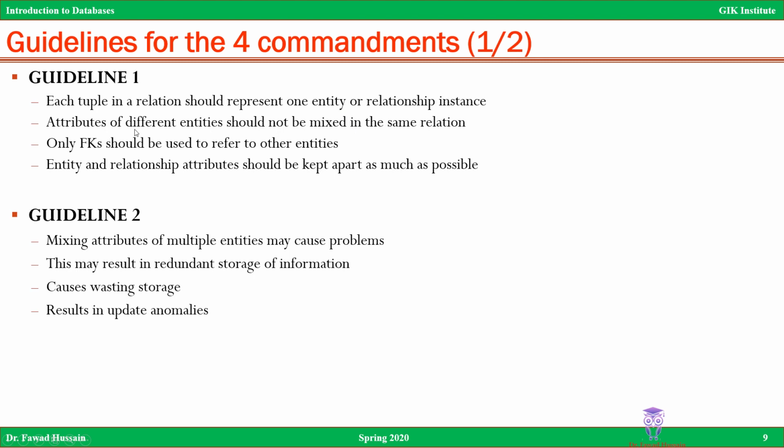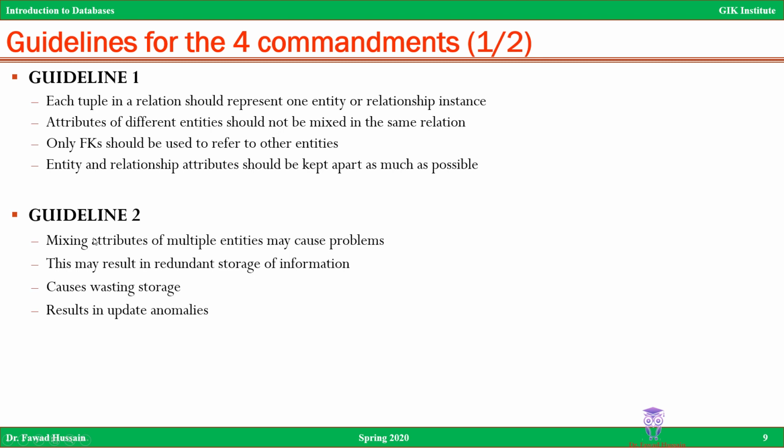Attributes of different entities should not be mixed in the same relation. Only foreign keys should be used to refer to other entities. There should be no duplication of any attribute in 2 tables except when it's a primary key and foreign key. Entity and relationship attributes should be kept apart as much as possible.